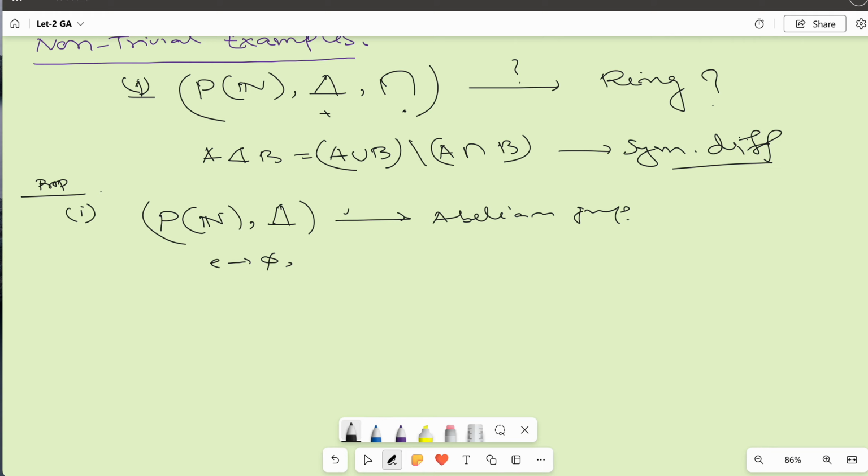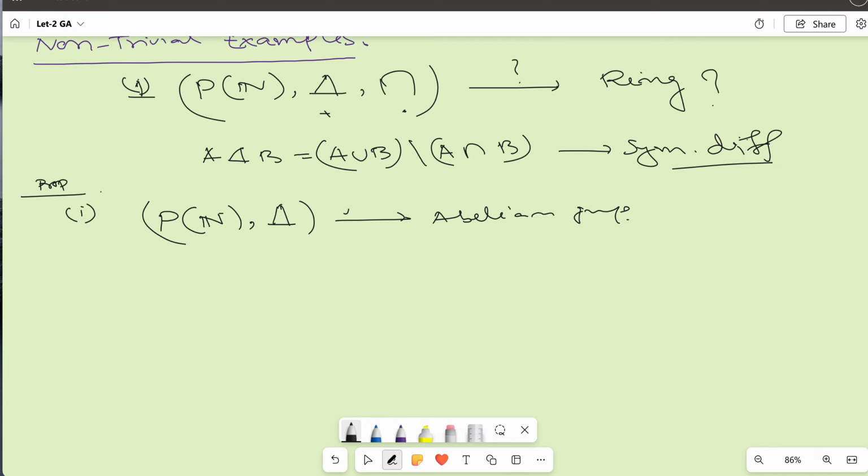Whatever you check, it is very easy to check. The second property, what does it say? Okay, let's check the first one, otherwise you will not understand. So this is an abelian group. First of all, it is closed, right?